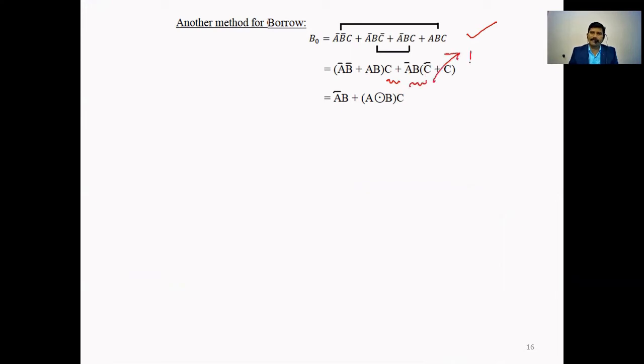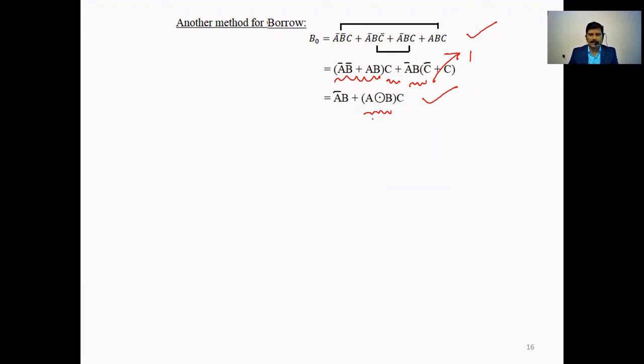So this will give a 1 here, and this is A bar B plus, what is this? Observe, A XNOR B into C. In full adder, the carry is AB plus A XOR B into C. But here a bar is there. That's why this A XOR B bar will give A XNOR B. So that is the only difference.